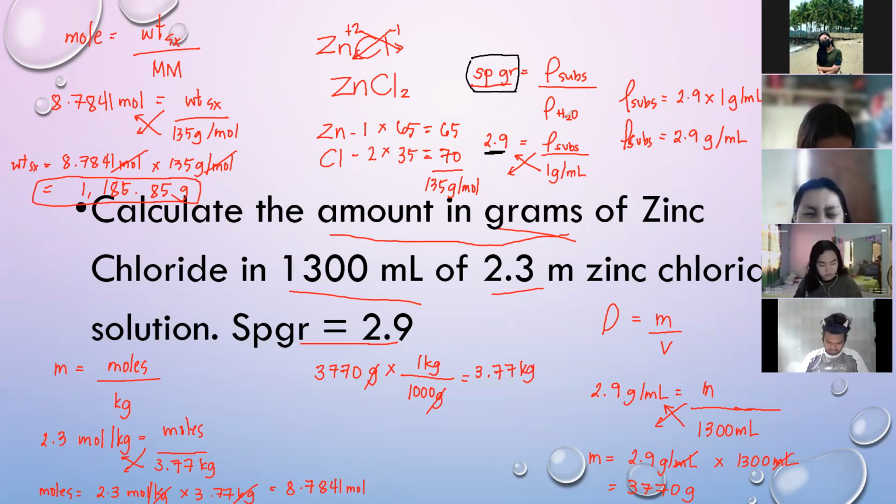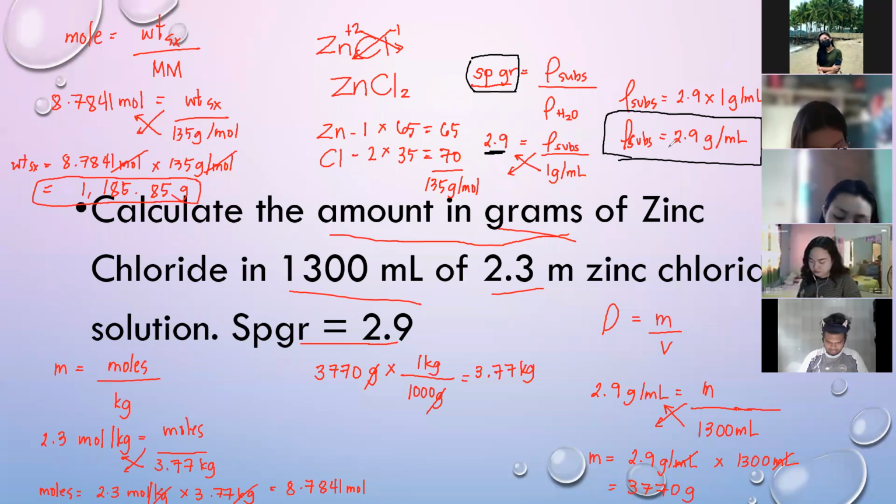Okay? So, i-substitute nyo lang siya sa ating formula. Magko-cross multiply tayo. So, density of the substance is equal to 2.9 times 1 gram per ml. So, nakuha natin yung density. This is for the zinc chloride.